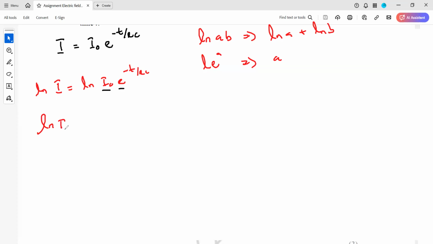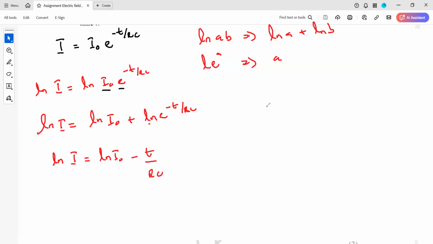So this will be ln I, and this will be ln I naught plus ln e raised to power minus t over RC. Then ln and e cancel out, so we have ln I equals ln I naught minus t over RC. We rearrange the equation and write ln I equals minus t over RC plus ln I naught.